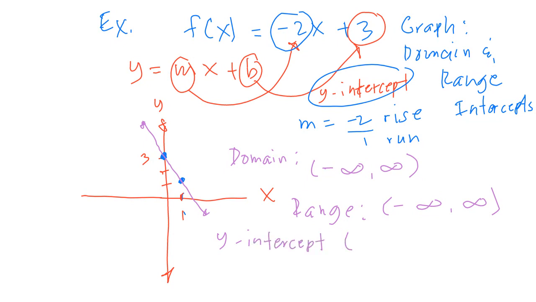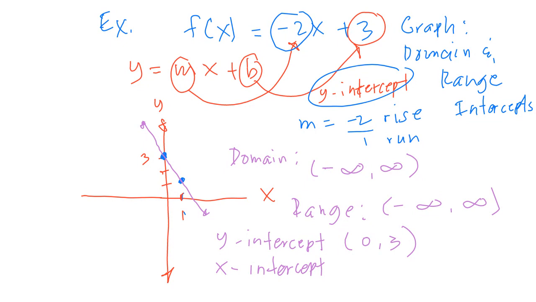That would be 0, 3. So that would be your point. For the x-intercept, that would be the point of intersection between your x-axis and your line.